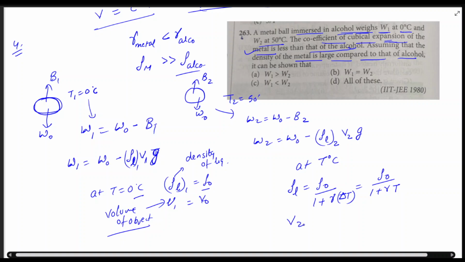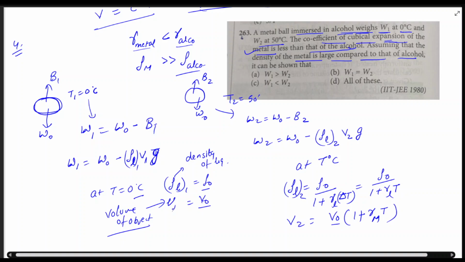Similarly, V2 will be V naught times 1 plus gamma of metal into T, where gamma of liquid was used for the density.